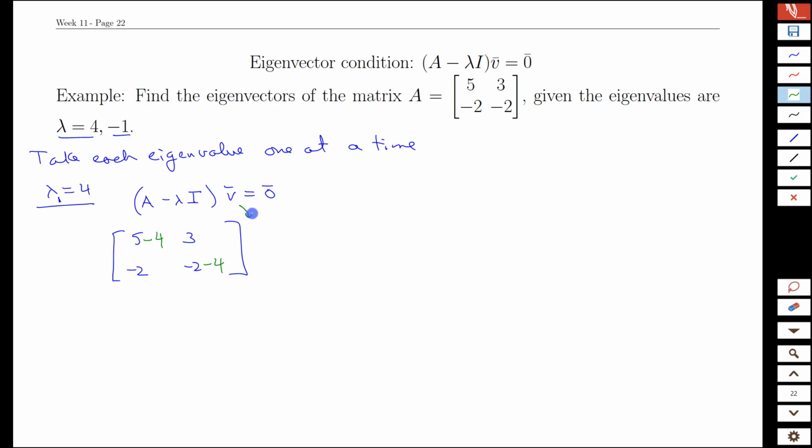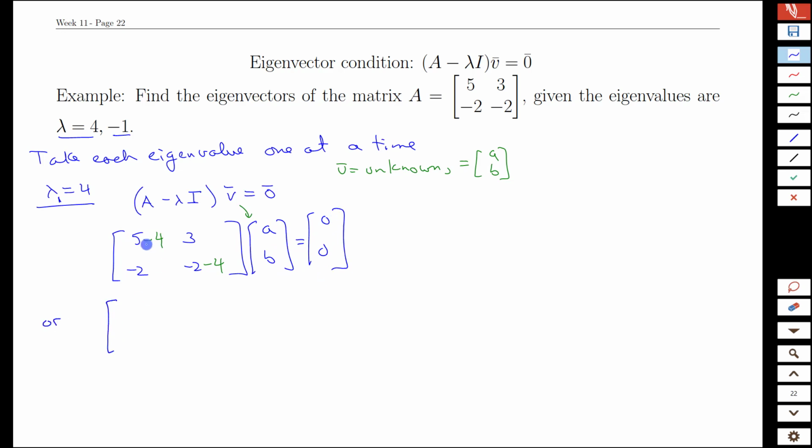And our vector V, we're trying to solve for it. So V is unknown, and it's going to have components. We're going to need to solve for the components. And so let's call it A and B, 2 components for a 2-dimensional vector. So we'll have this times A, B equals 0, 0.